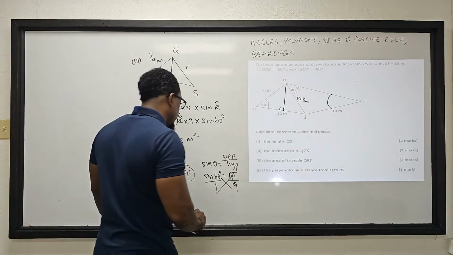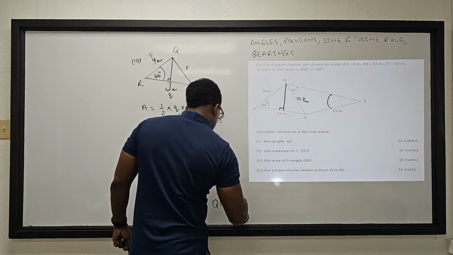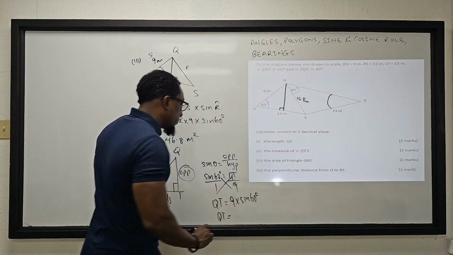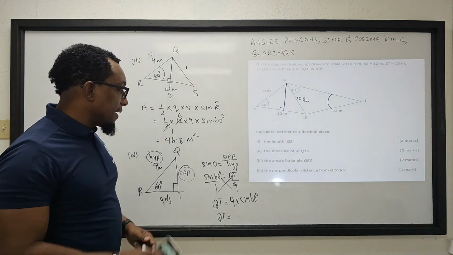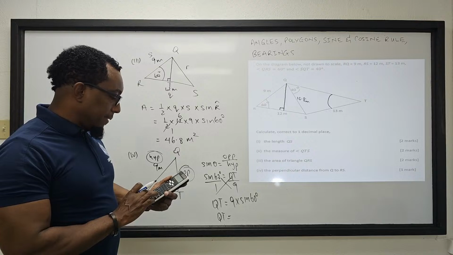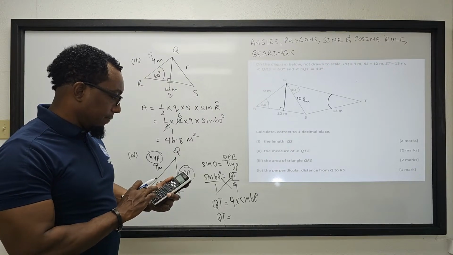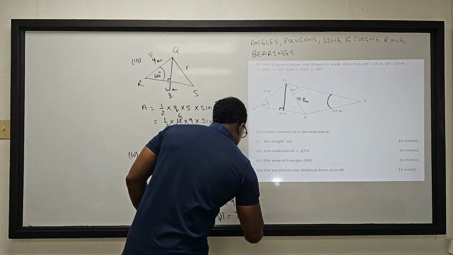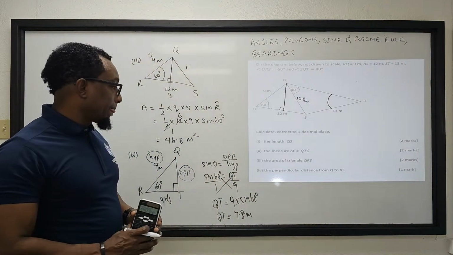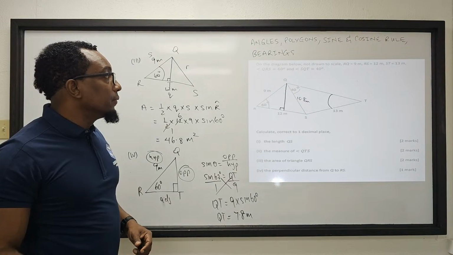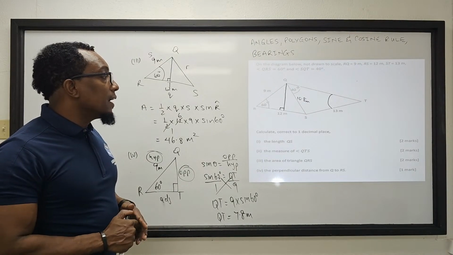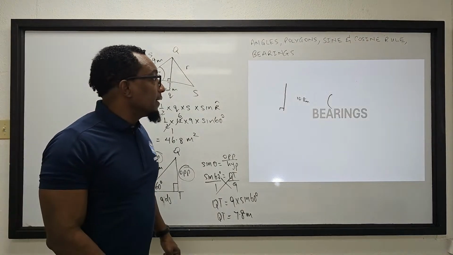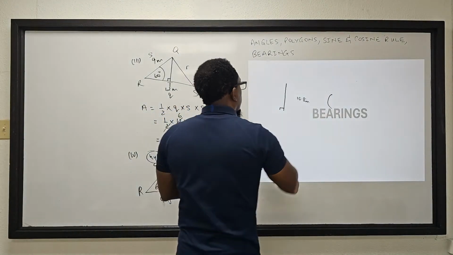So QT is equal to 9 by sine 60. That's 9 multiplied by sine 60, which will give us 7.8 meters, will be QT. Yeah, that's the perpendicular distance from Q to RS. Alright? So let's move on next to bearings.